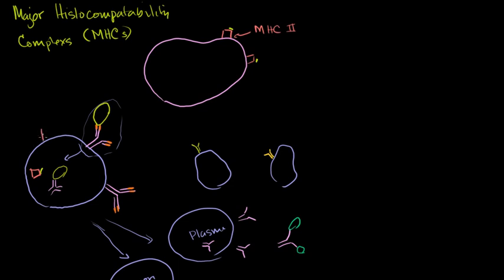So a B cell will also present the antigen. So this is also an MHC2 complex, a major histocompatibility complex. And just so you know, histo means tissue, so this is related to whether something is compatible with the tissue in your body. We'll talk more about that and how it relates to transplants and all of that. So this is also an MHC class 2.